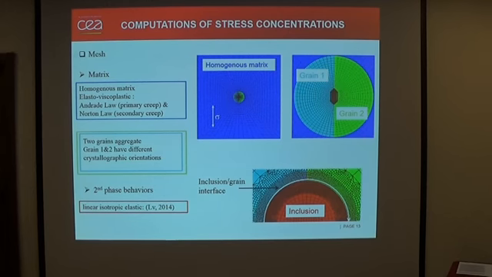Finally, we have an inclusion inside, which is modeled as linear isotropic elastic. The stress that we work on is the stress along the interface of the inclusion.